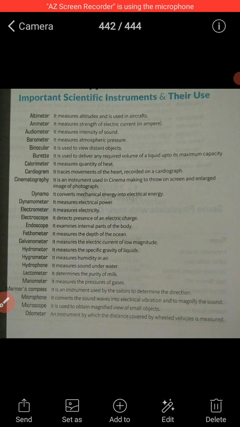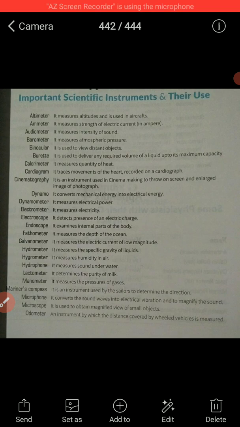Then hydrometer. Hydrometer generally measures the specific gravity of liquids. Then hygrometer. It measures the humidity in air. We have to remember carefully the function of hydrometer and hygrometer.